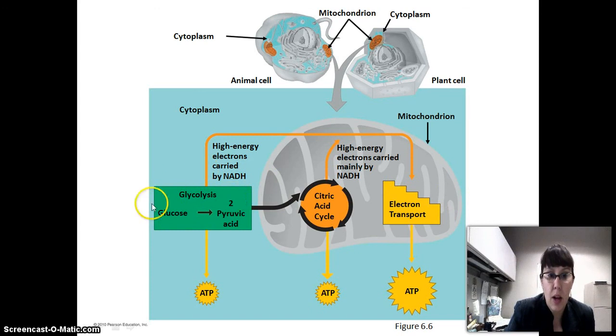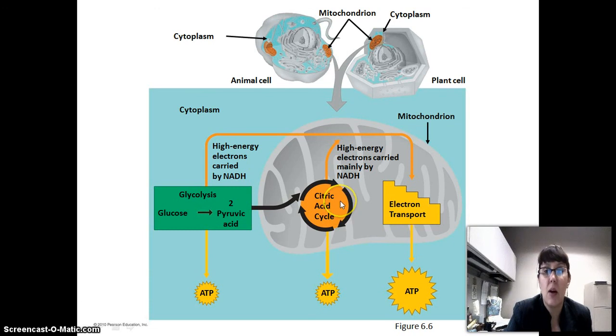Glycolysis is where glucose is broken into 2 pyruvic acid molecules. This actually occurs in the cytoplasm. The mitochondria only becomes important when those pyruvic acid molecules go inside the mitochondria, and they go through a series of different processings where the molecule is sequentially broken down, and a small amount of ATP is made by that.